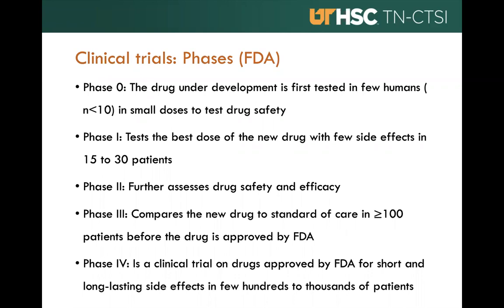Is phase 0 a test for animals, or directly a test for human beings? Phase 0 is in humans, it's less than 10%. So we don't need to test in animals. Almost all drugs are first tested in animals.